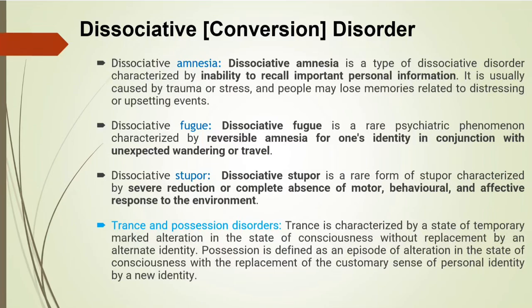If you want to understand dissociative fugue, there is a movie called Sybil. This was a true story about a female who had this dissociative fugue or multiple identity disorder.